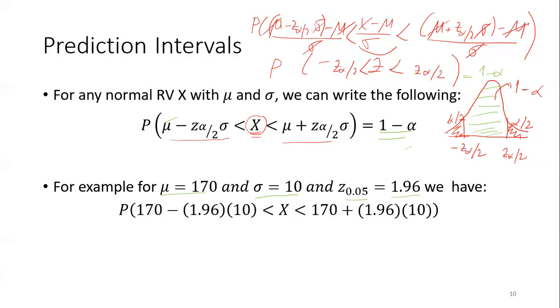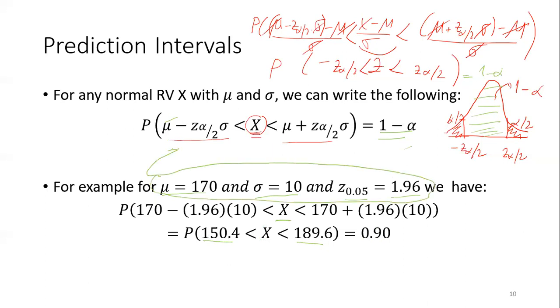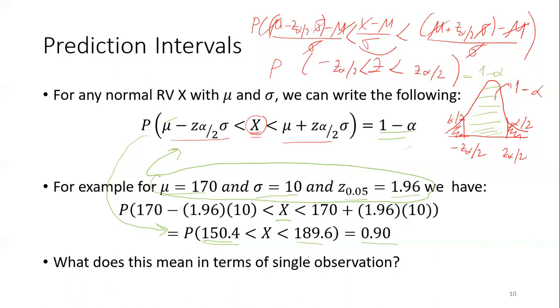Just plugging in the values, the probability that x is between 150.4 and 189.6 is equal to 0.90. Again, I just plug in the values, and this is my result. The probability that x is between 150.4 and 189.6 is equal to 0.90.